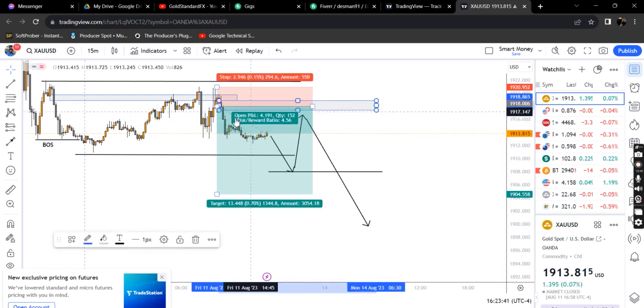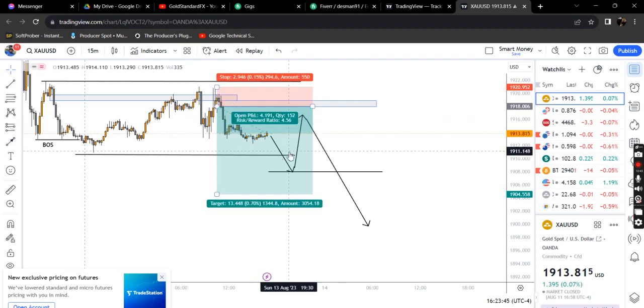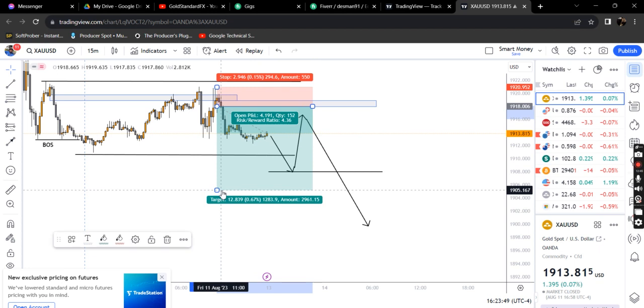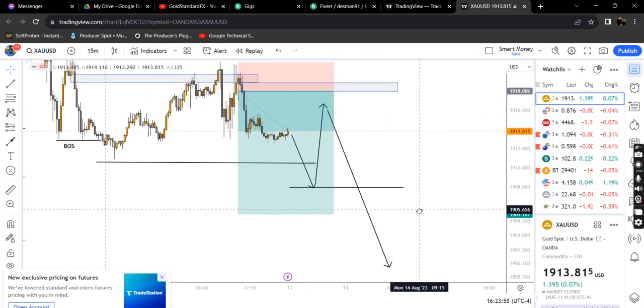That'll be the one that I'm looking for, the ideal situation. So we'll see what price does upon market opening, and what type of price action we get for the beginning of the week. It's gonna be interesting.